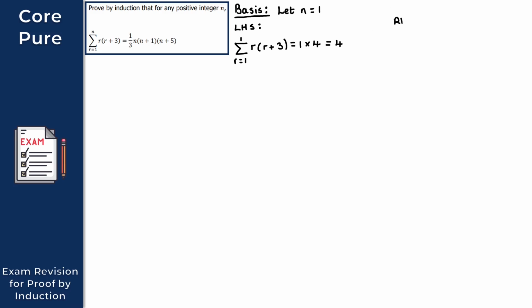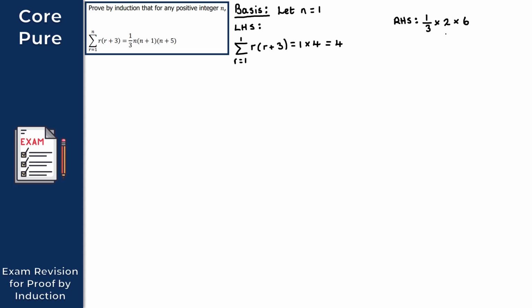So for the right-hand side here then, what do we get? Again, if n equals 1 here, what we get then is 1 over 3 times 1. That's going to be 1 over 3. We then times this here by this first bracket of 1 plus 1, so that's going to be 2. And then we times this here by the second bracket of n plus 5. So if n equals 1, we get 1 plus 5, which is 6 there.